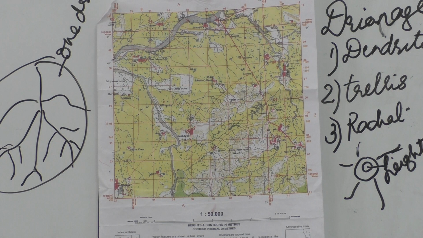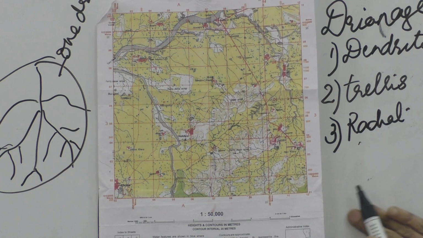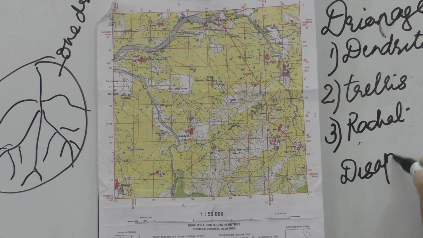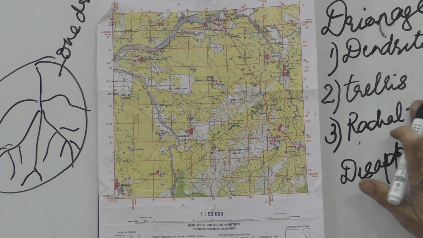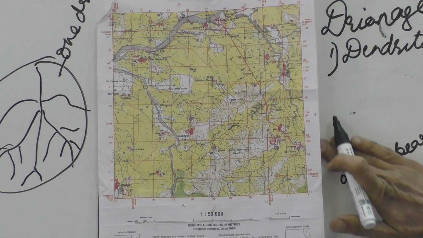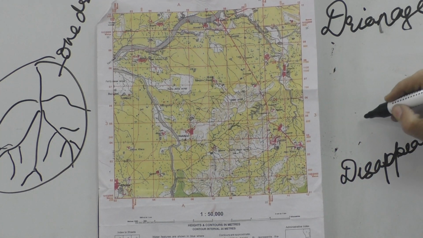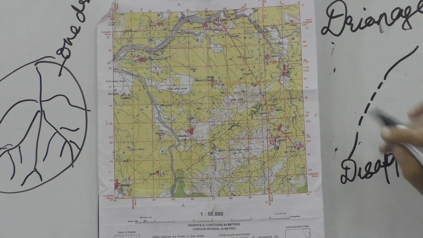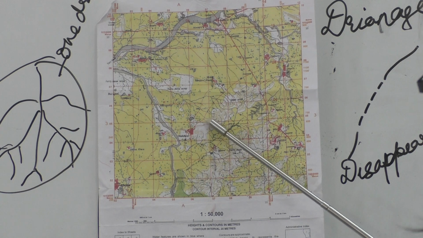Generally, when they ask you these three, there is also a next one which is called disappearing drainage. So when we are speaking about the different drainage patterns, the disappearing one is like this, and you can see this here.